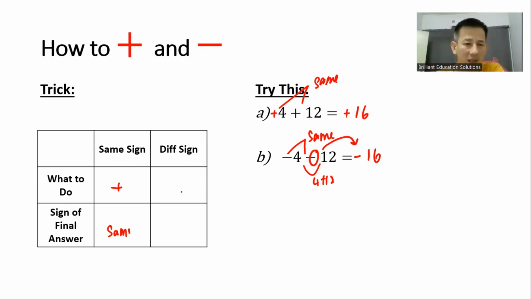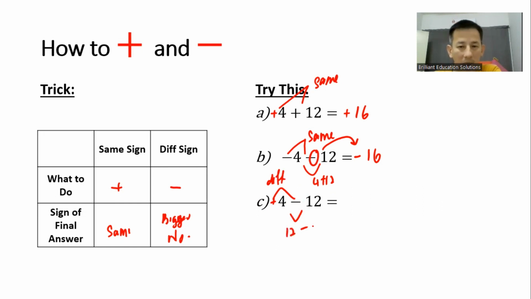What if different sign? If different sign, then we minus the numbers, and the sign of the final answer will be the sign of the bigger number. So 4 minus 12: this is plus, so this is different sign. So you minus: 12 minus 4 will give you 8.